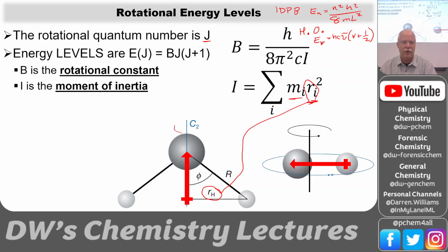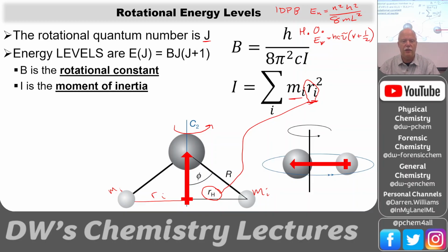So if I'm spinning around this axis here, this is the R and this is the M. And so when water's spinning around this axis, there's two M's and two R's. And the oxygen's right on the axis of rotation, and so it's not adding anything to the moment of inertia.